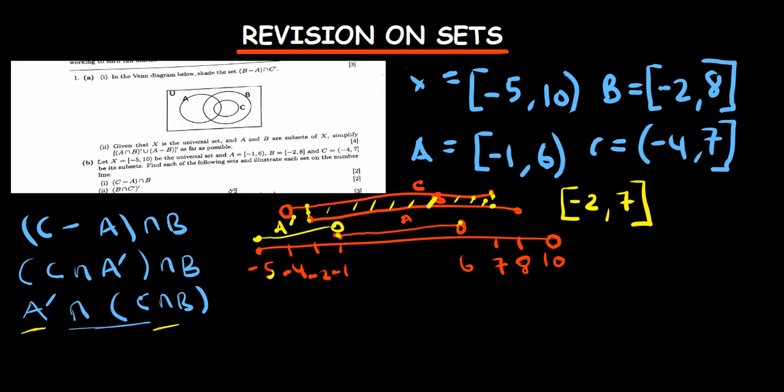Then where else? Since 6 is not in set A, it belongs in the complement. Since it's open at 6 in A, if it's in the complement, it has to be closed at 6. So the complement will be closed at 6 and go all the way up to 10 here.